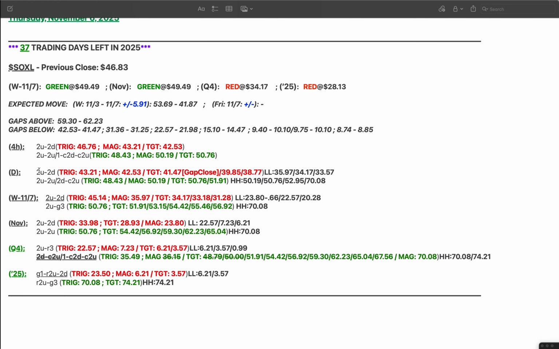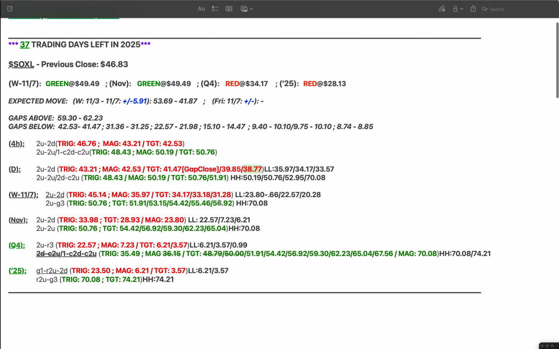From the day perspective, if we go to the downside, that's a 2 up, 2 down, triggering at 43.21. Not a whole lot of magnitude at 42.53, but we've got our extended targets here of 41.47, which is obviously the gap close, and then 39.85 and 38.77 as extended targets if we really push into the downside. To the upside, it's a 2 up, 2 up, but really triggering a 2 down combo 2 up.